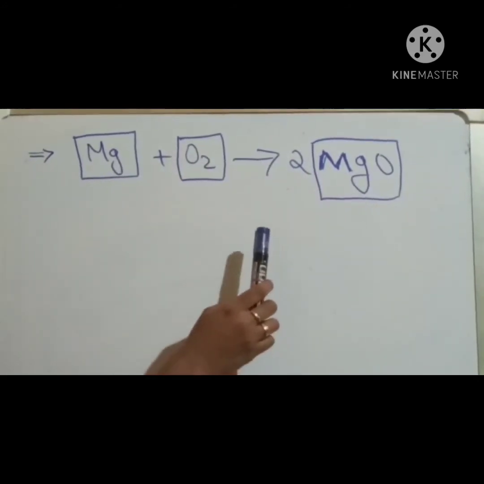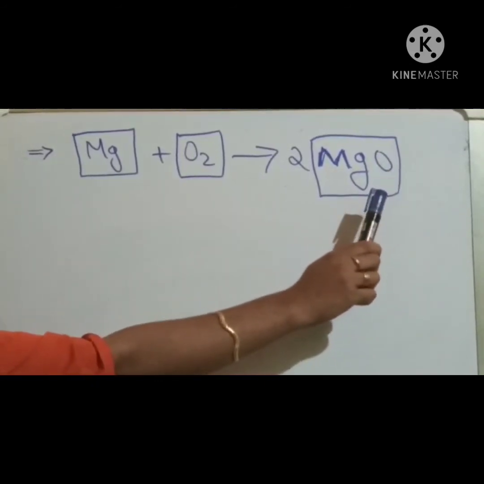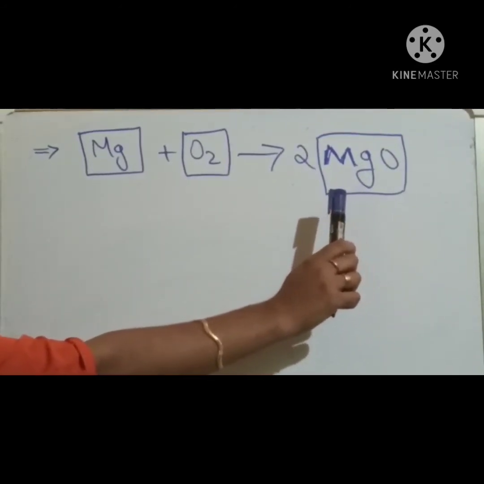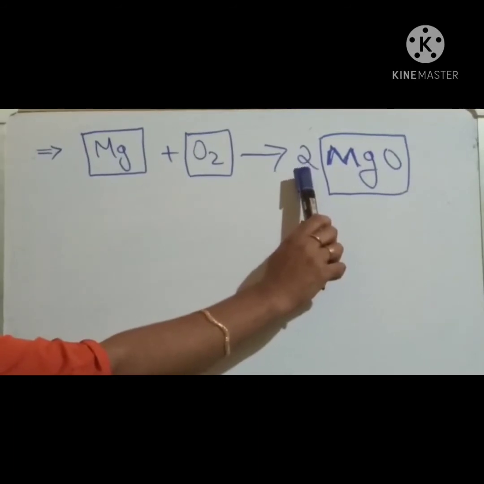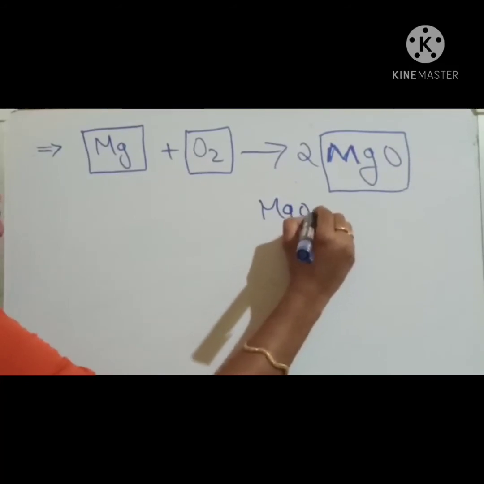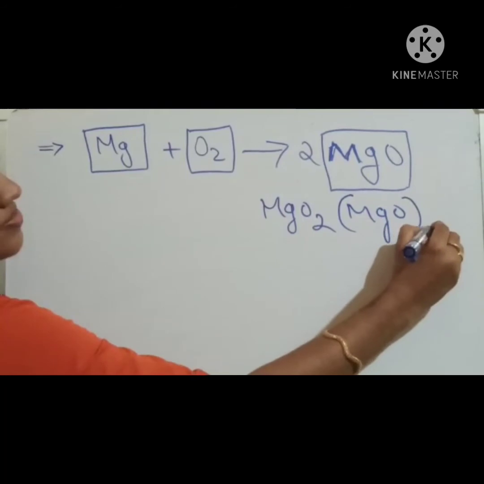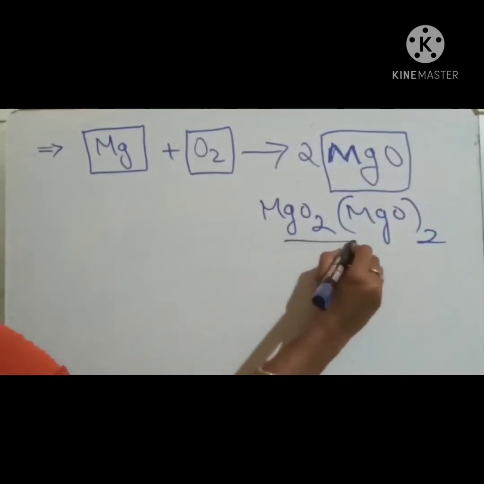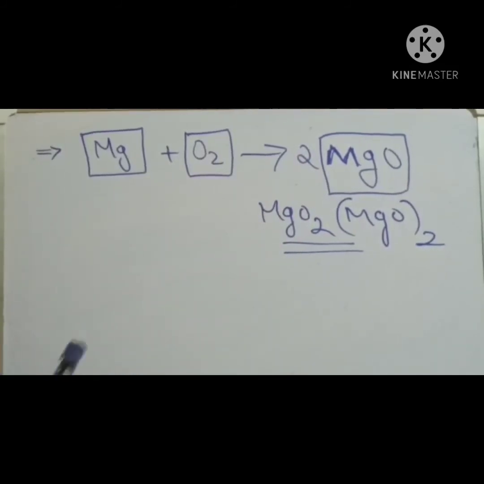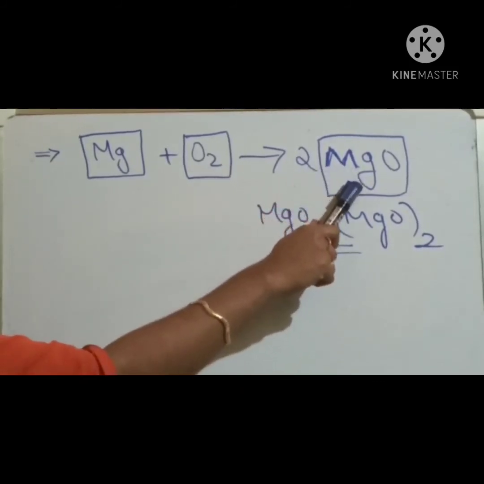Because to equalize the number of atoms, we cannot alter any formulas inside the box. So we write it as 2MgO. We cannot write it as MgO2 or MgO twice. This is wrong. We can only put the coefficient 2 as 2MgO.